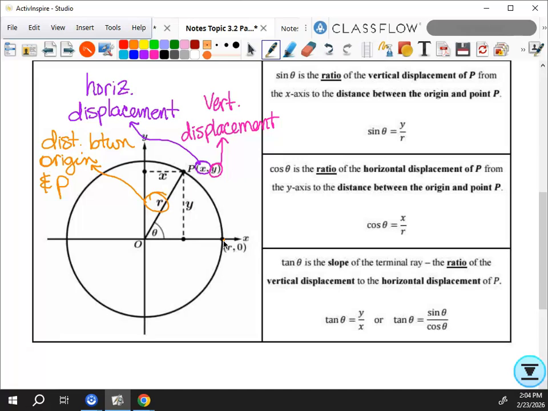So good. All right. So for our sine, we know that sine goes with y. That's something we should already know. And it is the ratio of the vertical displacement, so that could be positive or negative, right? Vertical displacement from P and the x-axis to the distance, which can only be positive, between the origin and point P. So the radius is a distance. So radius is always positive.